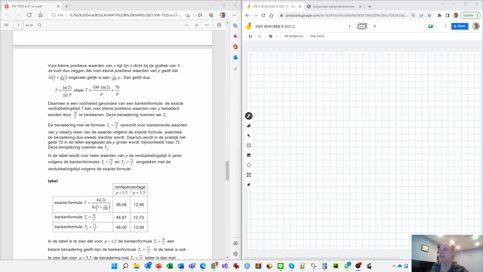Alright, well, a lot of words. Not a big fan of this, but I've seen it a lot in the recent exams. Okay, for small positive values of p, the exact equation and the so-called bank equality are pretty close.